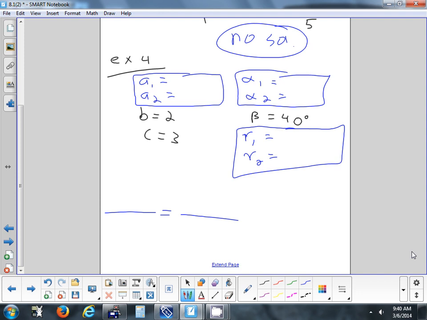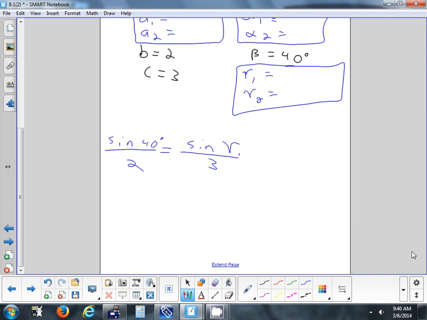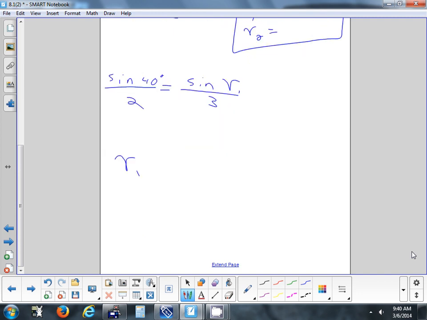Yeah, sine of gamma 1 over 3. You wouldn't know it's really going to have 2 answers, but we do. So gamma 1 will be the inverse sine of 3 sine 40 divided by 2. You can do all that in one step.